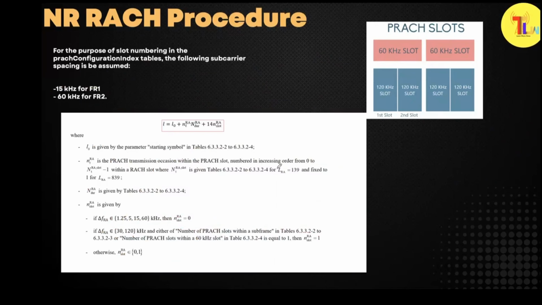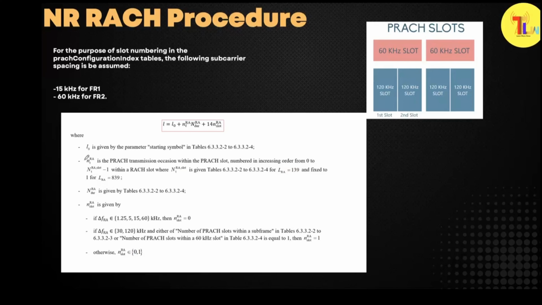If the RA subcarrier spacing is 139, it is fixed to 1 for LRA equal to 839, and NTRA slot minus 1 when LRA is equal to 139.